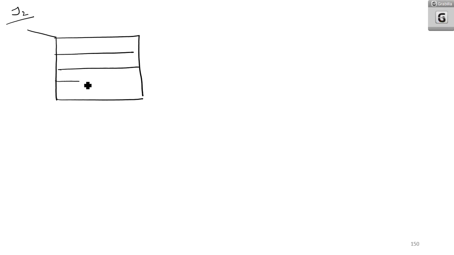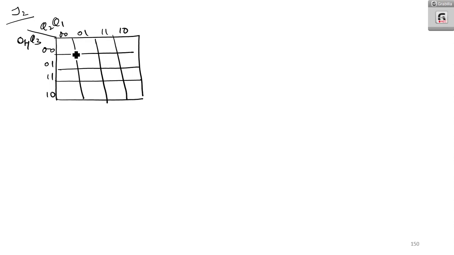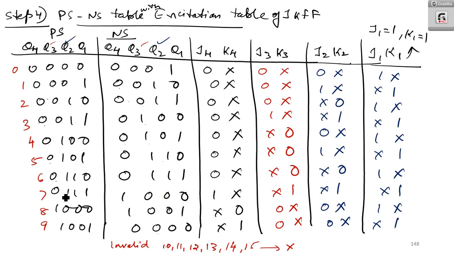I am drawing a 4 variable K-map for J2, with Q4, Q3, Q2, Q1 and the codes 0, 0, 0, 1, 1, 1, 1, 0, numbered 0 to 15. For J2, cell 0 is 0, and cells 1, 2, 3 are don't care.